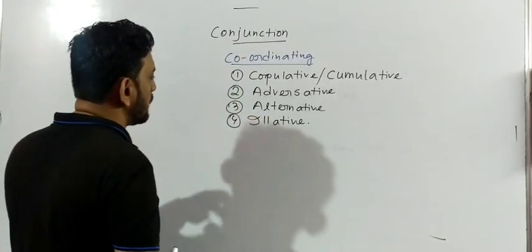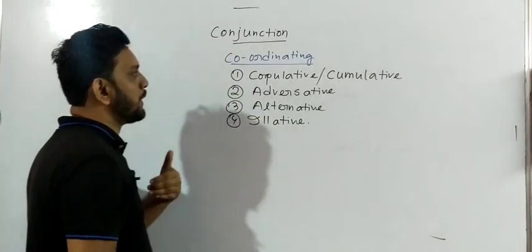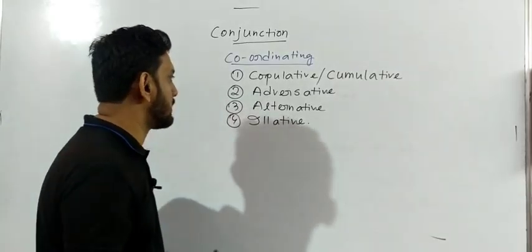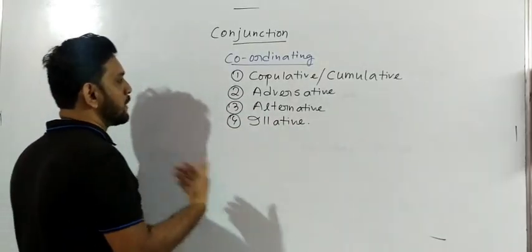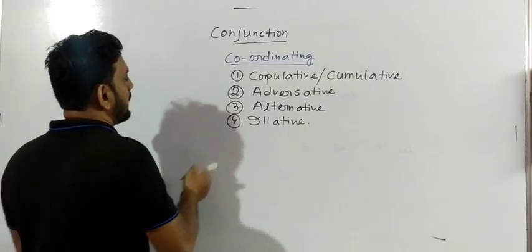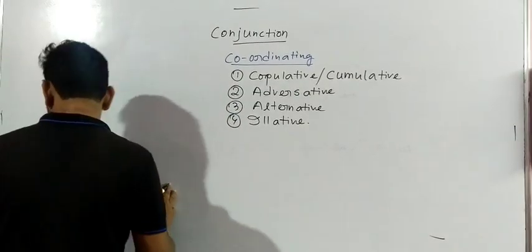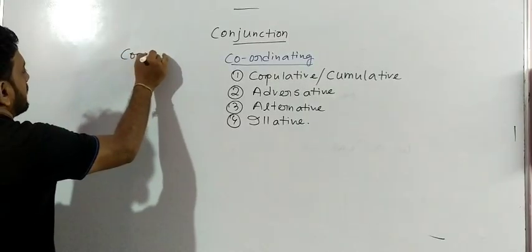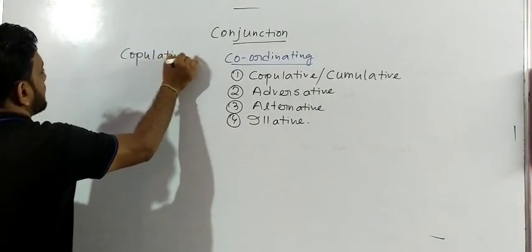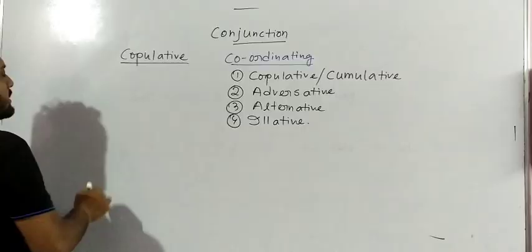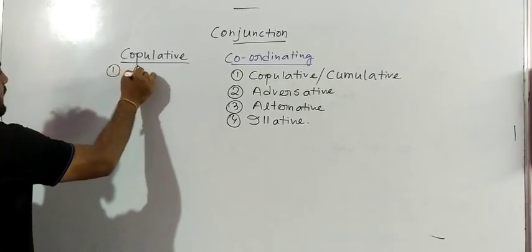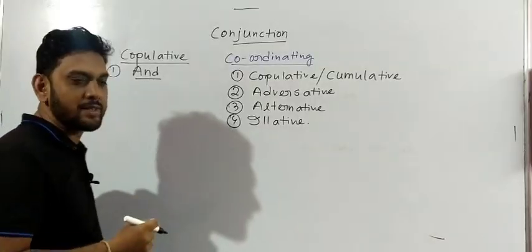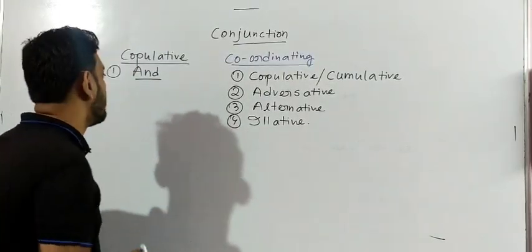Last day I told you there are so many copulative coordinating conjunctions present in grammar, and I also named them. You can give the heading copulative conjunction. Copulative conjunctions are like and. And is one copulative conjunction. Last day I discussed a little bit about and.